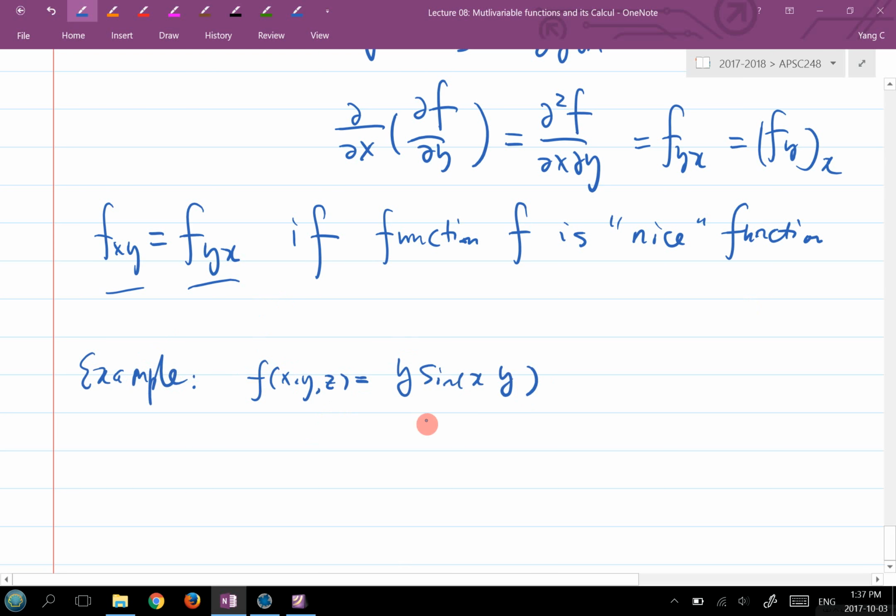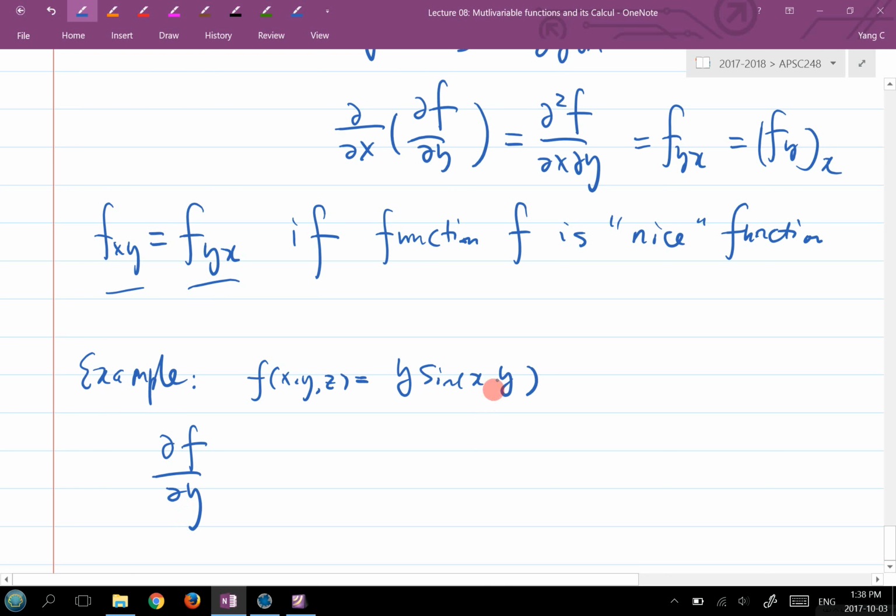This is actually a function of 2 variables here, so only x and y. If I need to calculate partial f over partial y, there's something you have to get comfortable with. You're taking partial derivatives with respect to y, so what do we do with x? You treat x as if it is a constant, right? If your mind doesn't work that way, you can temporarily change x to an actual constant, like 2 or 3, but then remember to change it back, right?